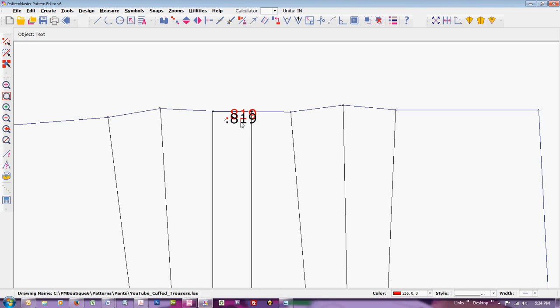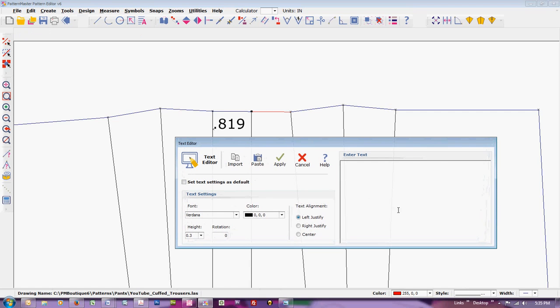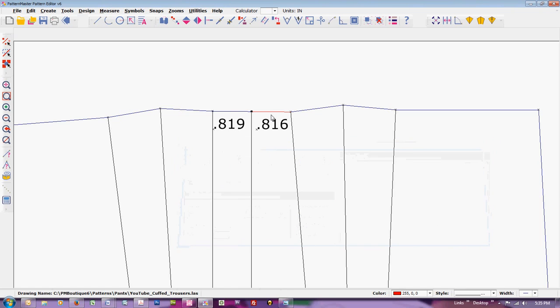That really should be a little bit smaller, but we'll work with it. 0.816, about the same. Okay.